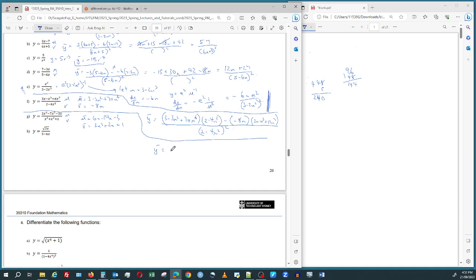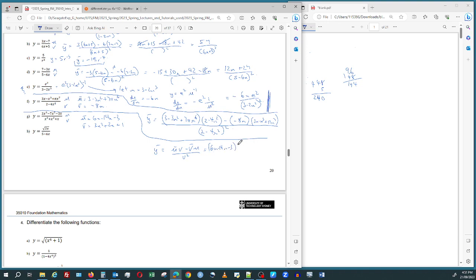So let's put it in u dash v minus v dash u, over v squared. So we're getting quite big products. 6x minus 14x minus 3.